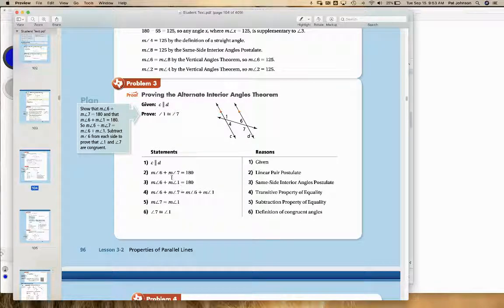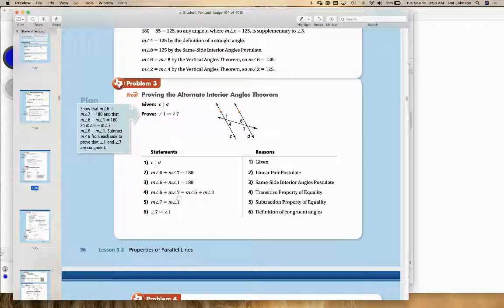Then they should have written this, and then 180 equals measure of angle 6 plus measure of angle 1. So then you can see the transitive property. From here to here to here, they used the transitive property of equality. The left side is A equals B, and then B equals C, therefore A equals C. The way it's written, it doesn't look like it, but if you rewrote it that way, you could see the transitive property.